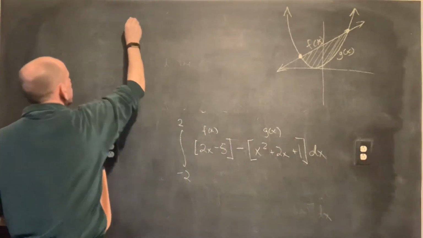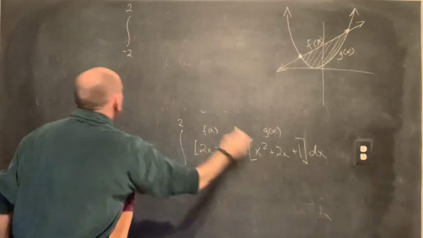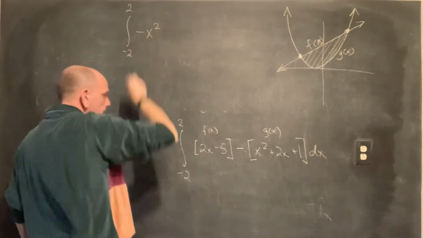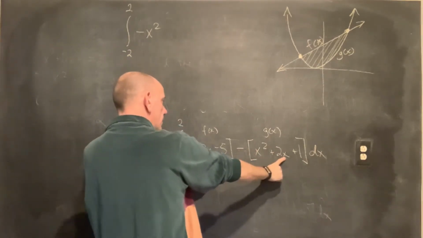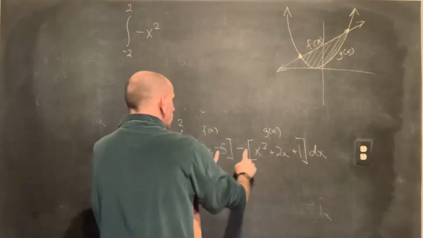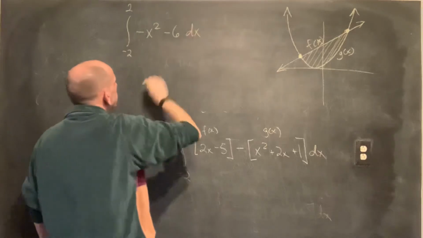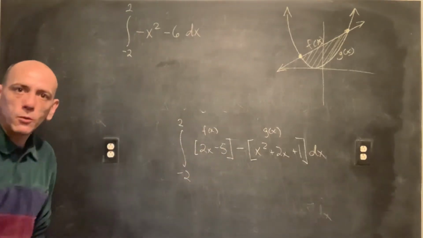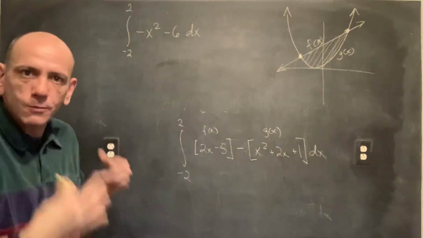Let's see, we have the integral from negative 2 to 2 of negative x squared, 2x minus 2x, those are 0, 5 minus negative 1 is 6, dx. Since these are polynomials, I'm just combining them together rather than doing those integrals separately and subtracting.